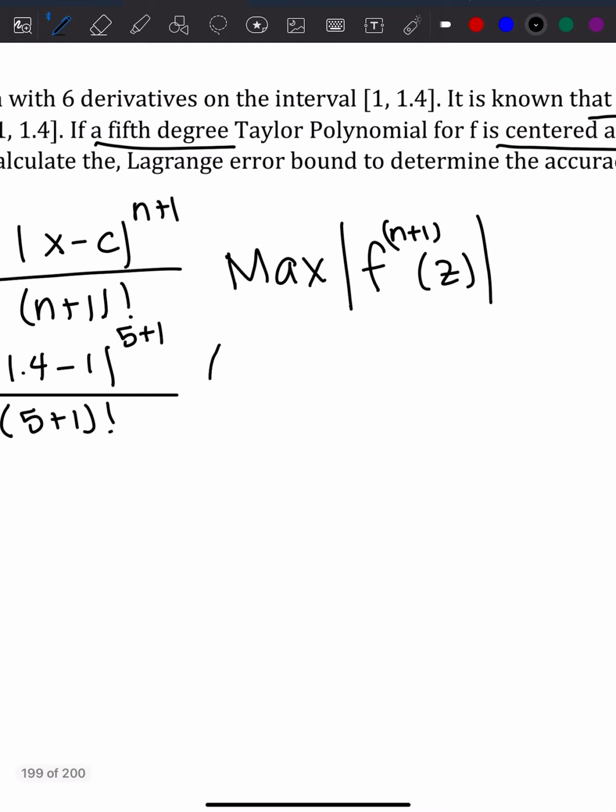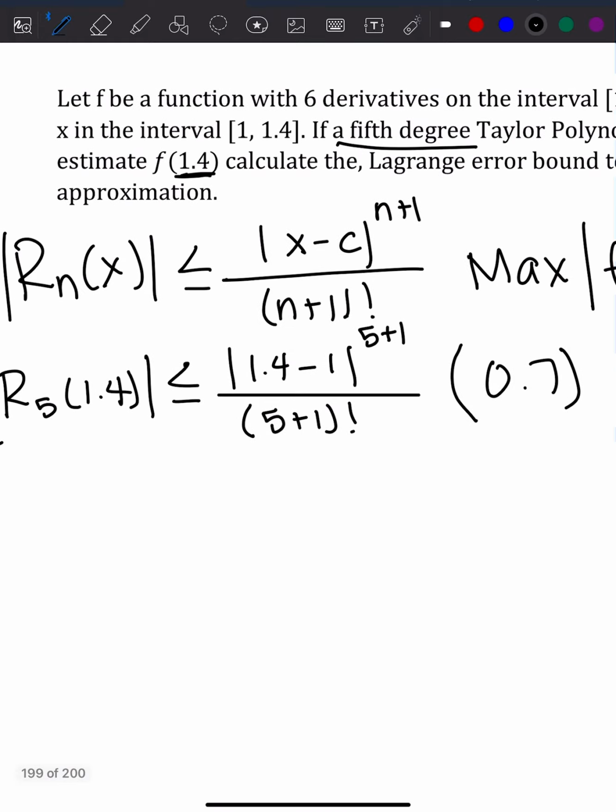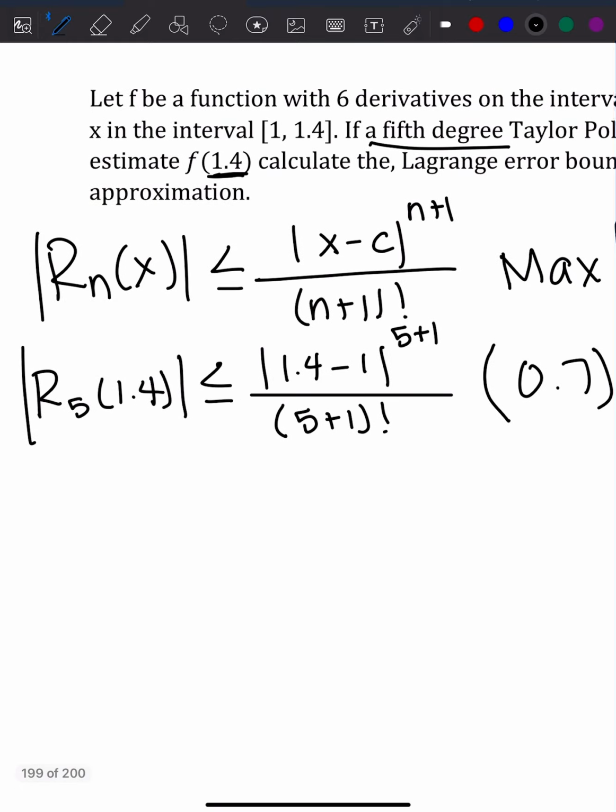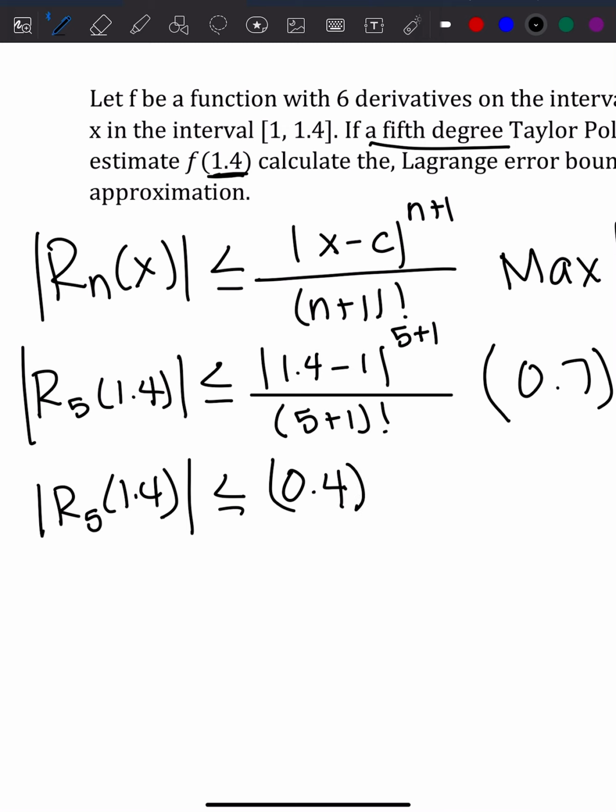And then we know the max, so this whole thing goes times 0.7. And then we're going to simplify. So the absolute value of r sub 5 of 1.4 is less than or equal to 0.4 to the 6th power divided by 6 factorial times 0.7.